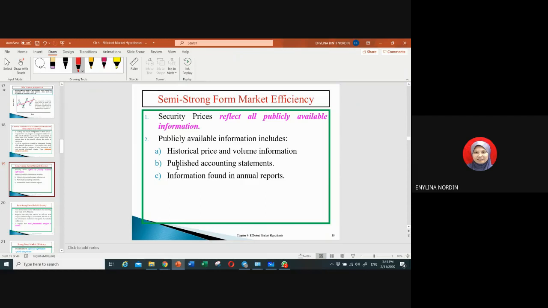So that is what we mean by publicly available information, and this information is already absorbed into the stock's price.